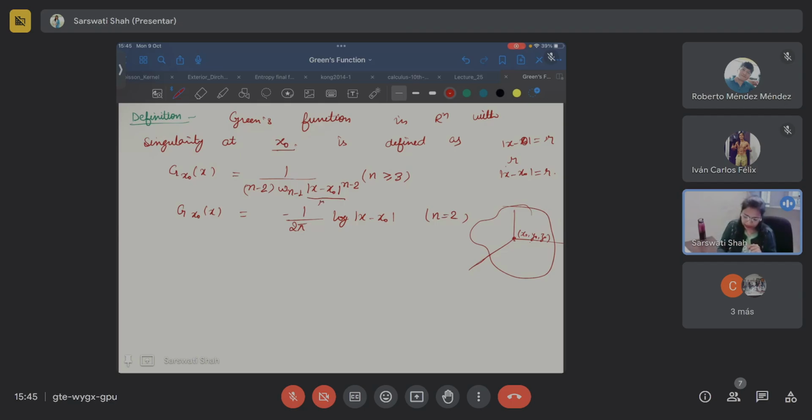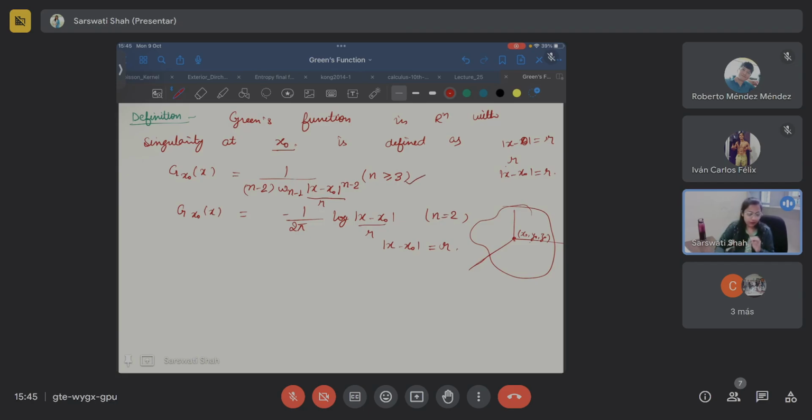If you want to write R here, and R here, then it is fine. You only have to mention that modulus of x minus x naught equals R, because the equation of the ball, sphere or circle in n dimension, 3 dimension or 2 dimension is modulus of x minus x naught equals R.